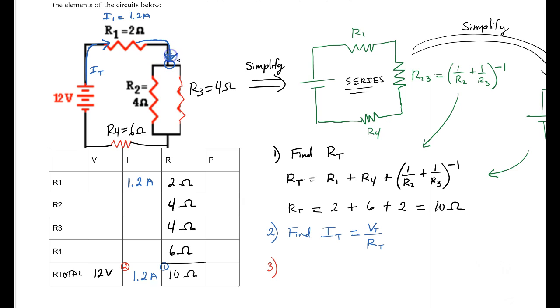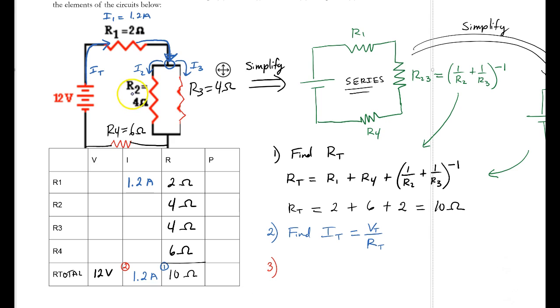Right, is it going to continue as 1.2 to the left and 0 to the right? Does it split? What does it do? Okay, so we have to find I2 and I3.